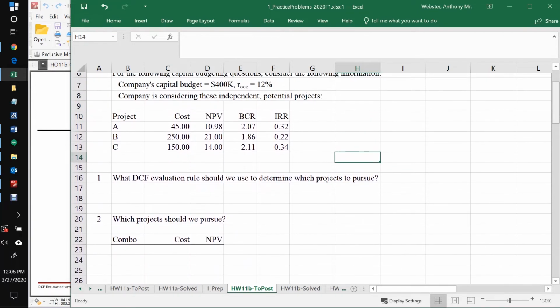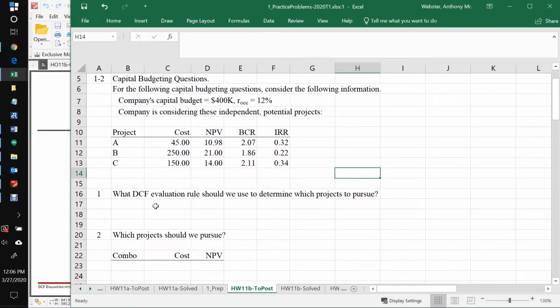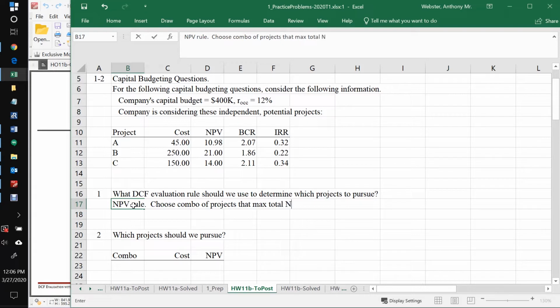So question number one about these projects is what DCF evaluation rule should we use to determine which projects to pursue? And the answer to that is clearly the NPV rule. And we're going to choose the combo of projects that maximize total NPV without going over budget.